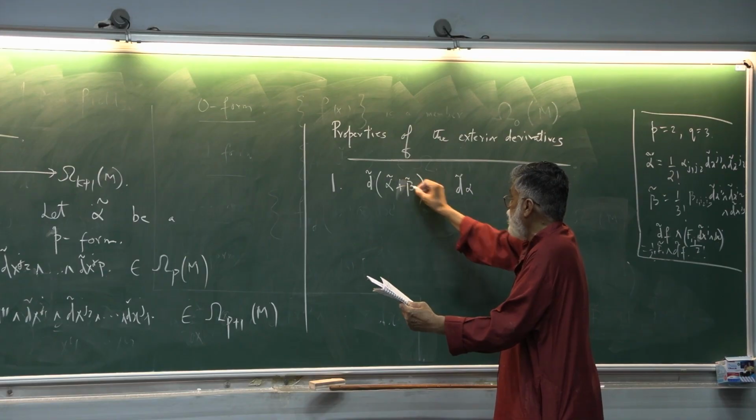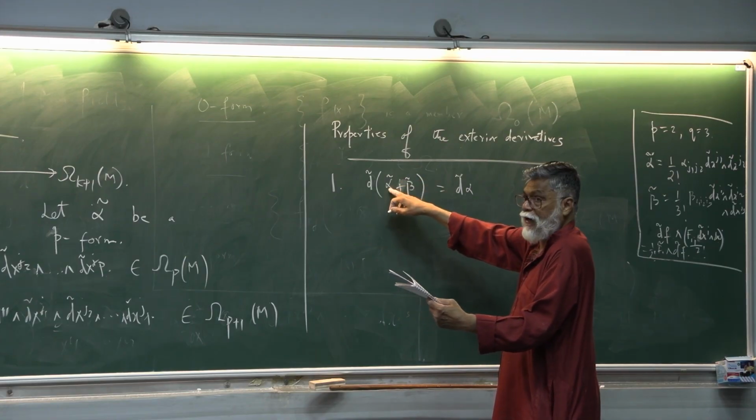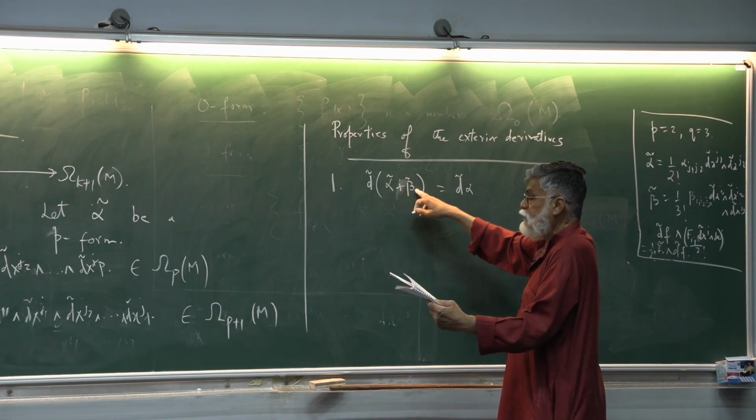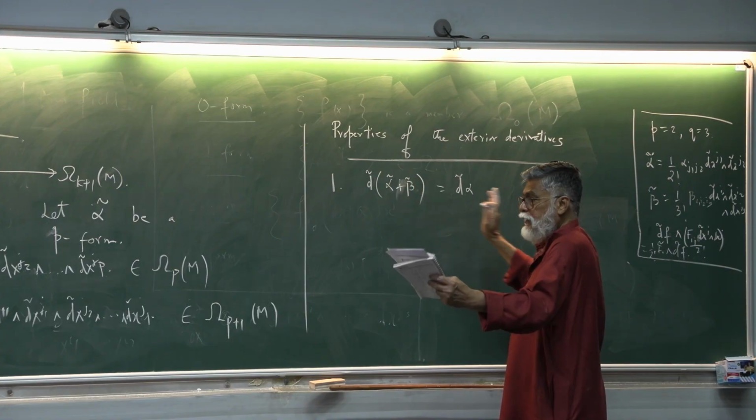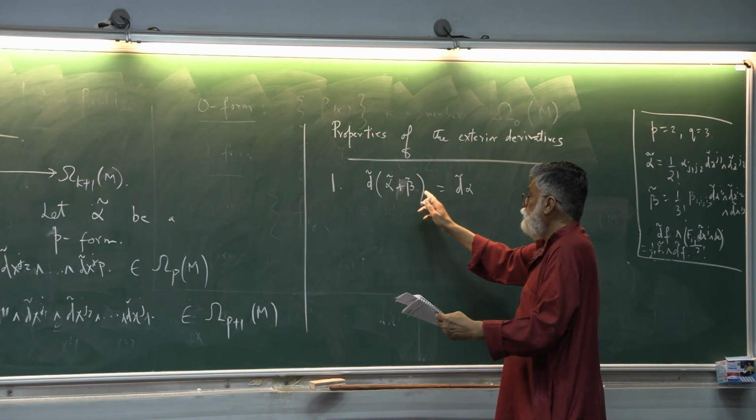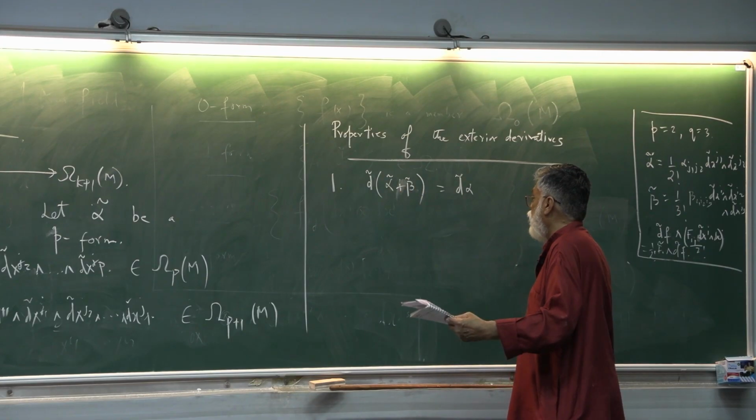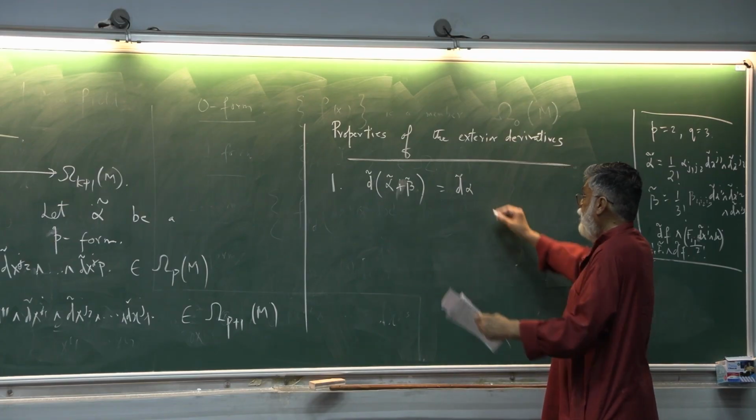First you take addition. If alpha is a general p-form and beta also is a general p-form, then you can add two p-forms and you'll get a third p-form. Then you have this.